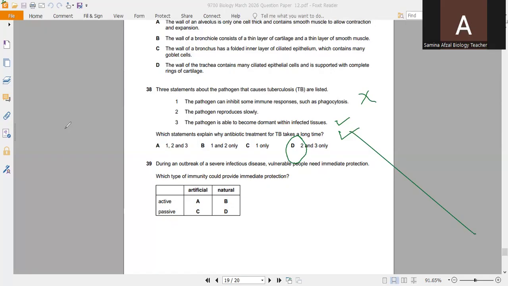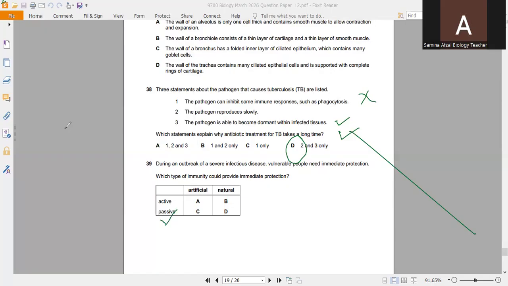So, first of all, to get immediate protection against a disease outbreak, a person cannot wait for their own immune system to undergo clonal selection, clonal expansion, and antibody production. So, they must receive pre-formed antibodies directly, which describes passive immunity.